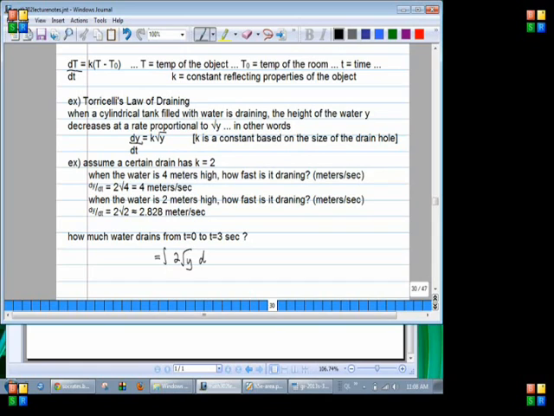So y, yeah, I broke my own rule, right? Y is the height of the water. Maybe I should call it h. Okay, y is changing, yes, but what's your variable? T, because it's from 0 to 3, the time spent.